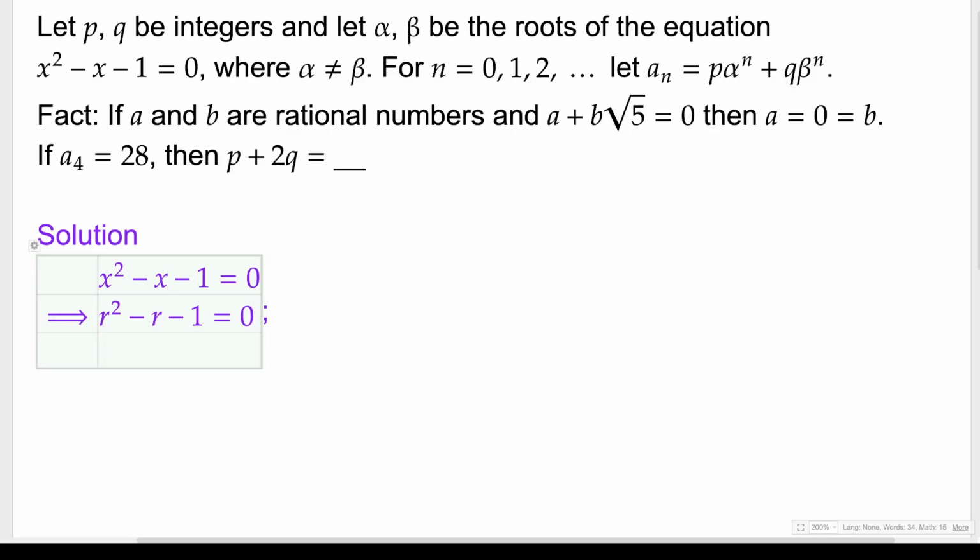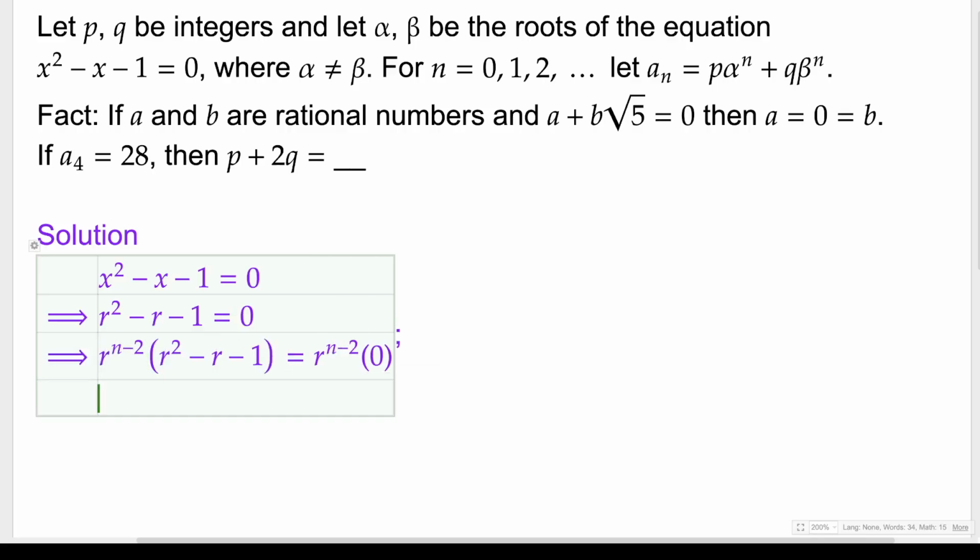Why am I doing this? Once I proceed towards the upcoming steps, you'll get the clarity. So I will multiply r to the power n minus 2 on both the sides of this entire expression.